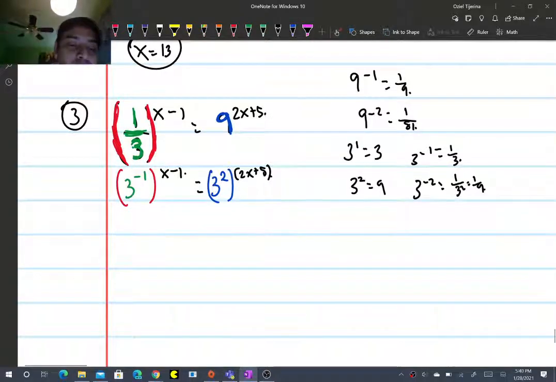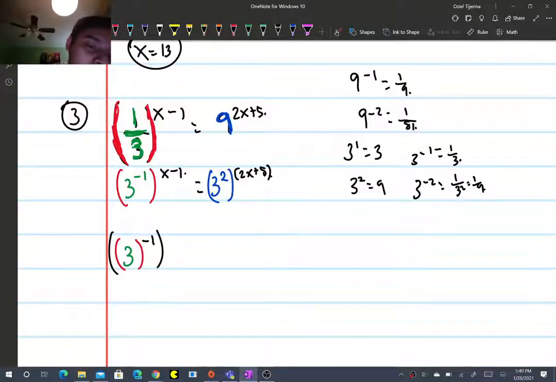And so what I'm going to do next is rewrite this as 3 to the negative 1, and I'm going to put this in parentheses, x minus 1.